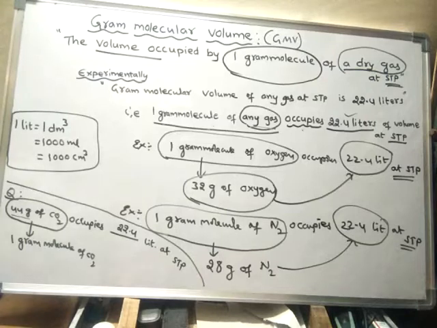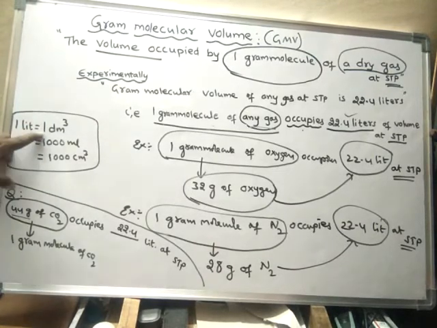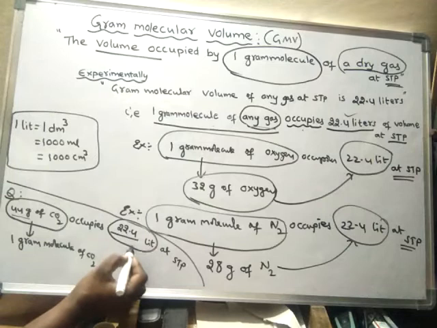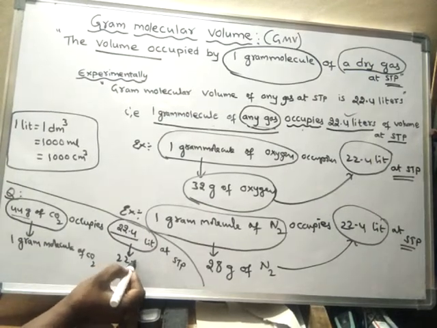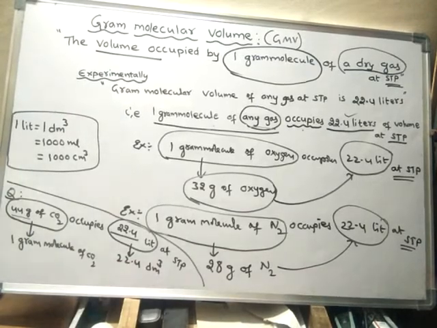Already we know certain conversions we learnt in our lower classes. 1 liter is equal to 1 decimeter cube.